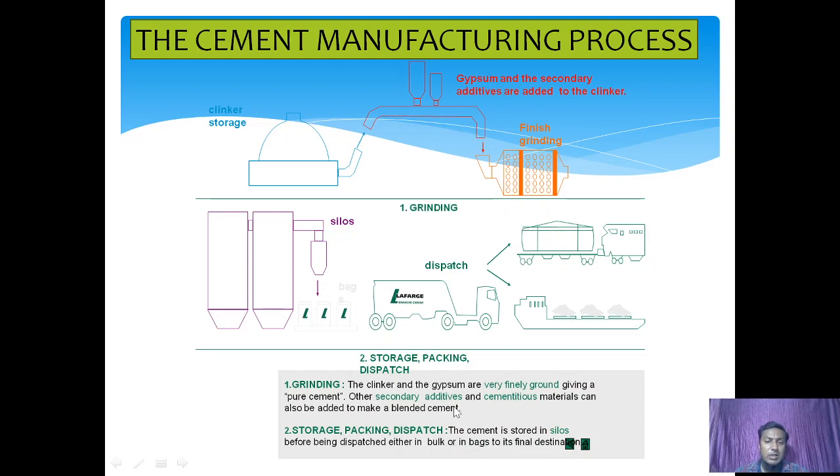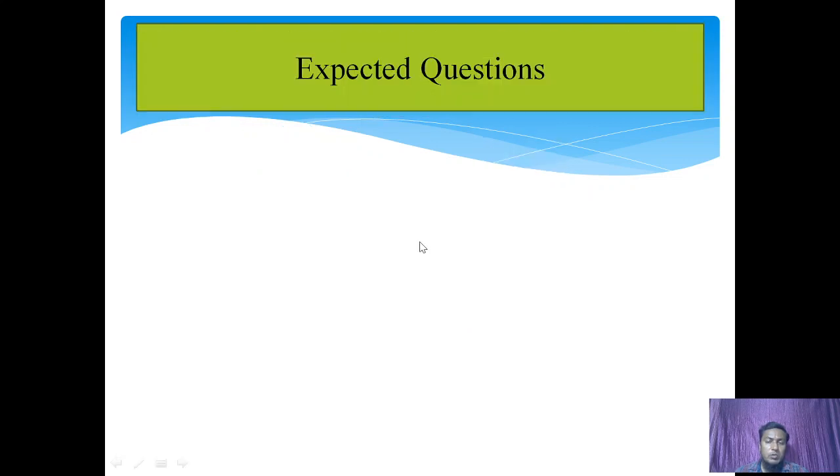After that, the cement is stored in the silos, and before being dispatched either in bulk or in bags, its final dispatch is done. So this is the manufacturing process of cement.